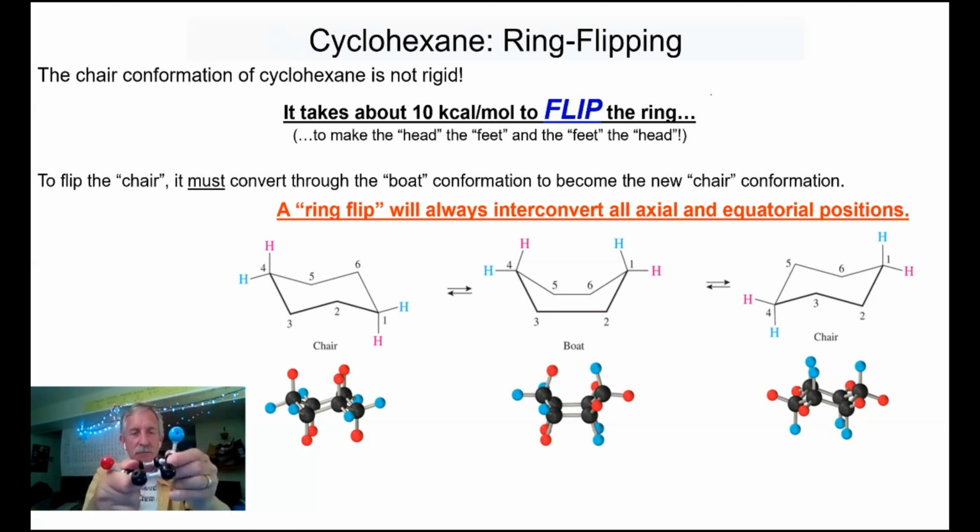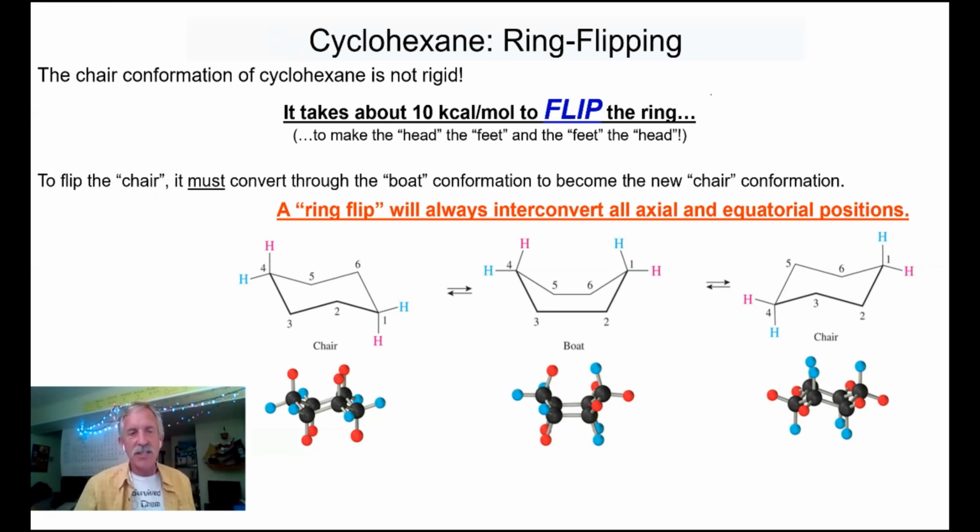And so I can ring flip my chair and make the feet of my chair the head of the chair, the head my feet. And when I do that, notice what happens to the red protons that were both axial: now they become both equatorial. Okay? So that might not be great because all of a sudden the blue ones are now both axial.